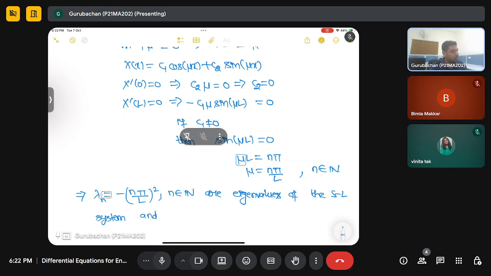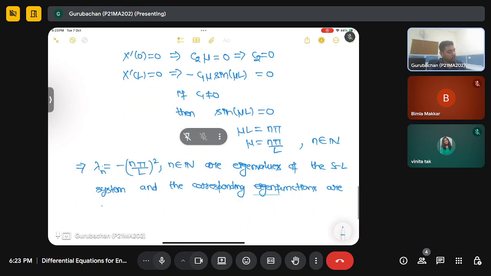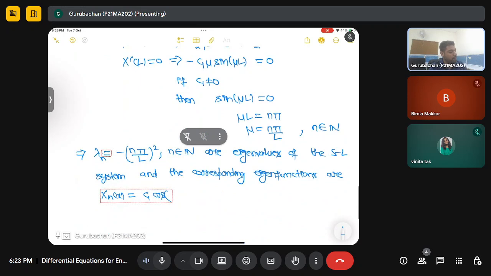And the corresponding eigenfunctions are X_n(x) equal to c1 cos μx, and μ is nπ by L, so nπx by L, where n is any natural number.